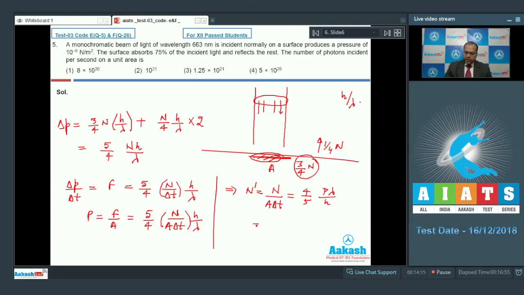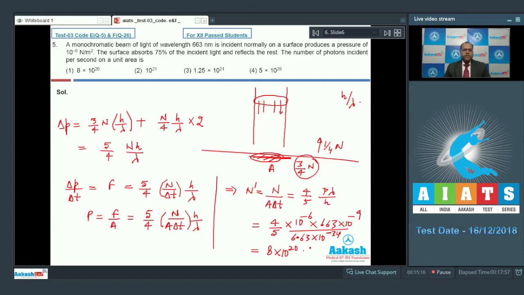If I substitute the data, 4 by 5 into the value of p, which is 10 raised to the power minus 6, given in the question. The value of lambda is 663 nanometer, so 10 raised to the power minus 9, divided by the value of h, that is 6.63 into 10 raised to the power minus 34. If I solve this, it comes out to be 8 into 10 raised to the power 20.